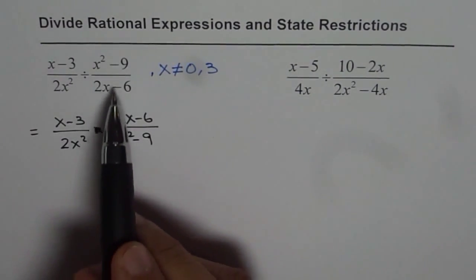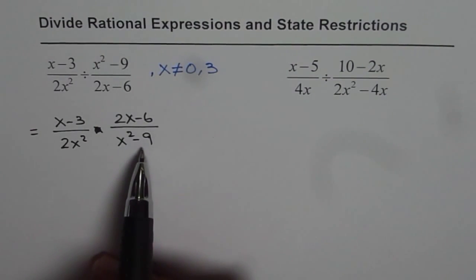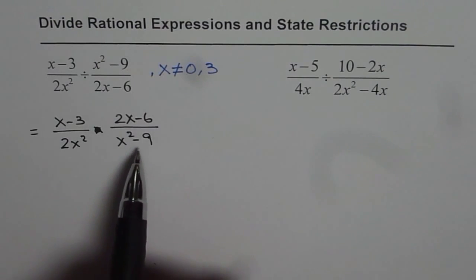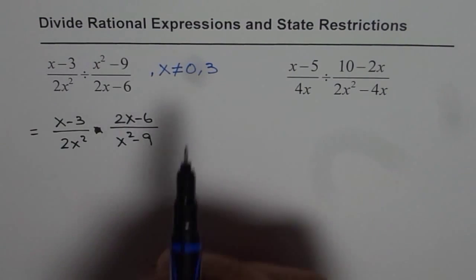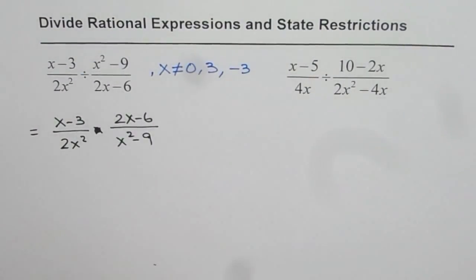As soon as you flip it and write like this, x squared minus 9 comes in the denominator, and that means we have to write more restrictions for this rational expression. x squared minus 9 cannot be plus 3 or minus 3. Well, plus 3 is already in our restrictions. Let us add minus 3 also.